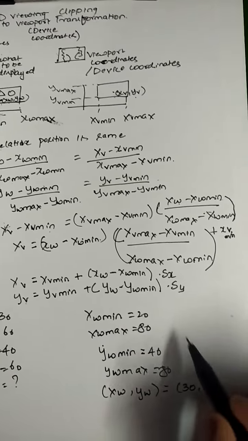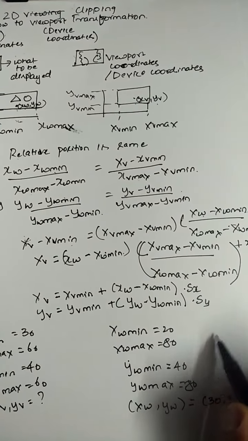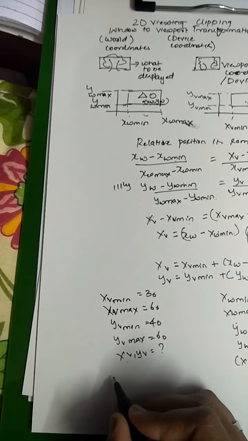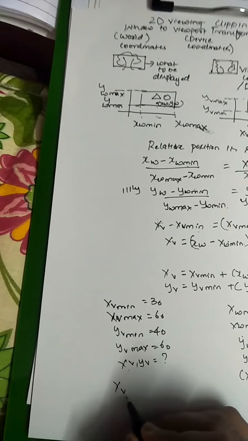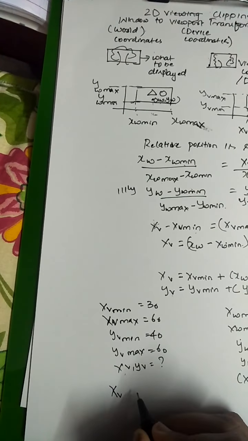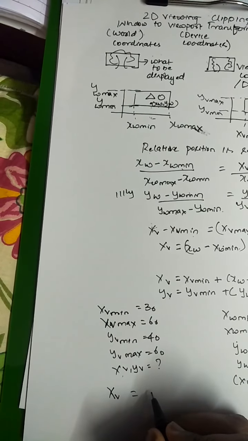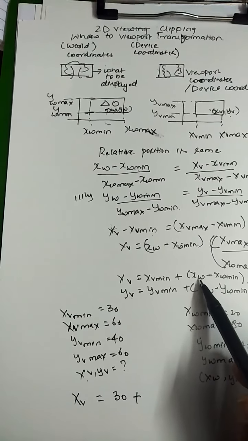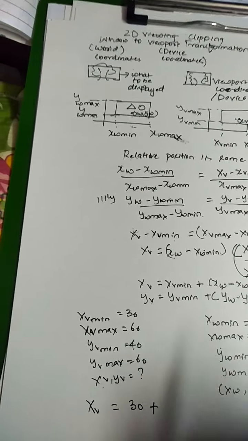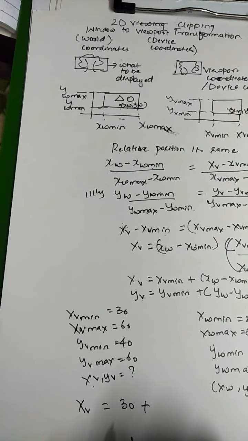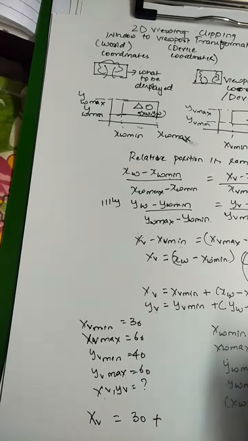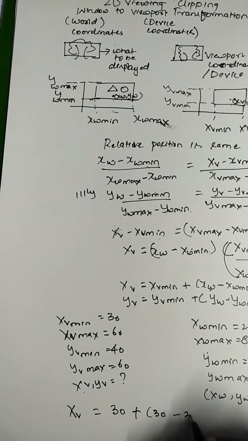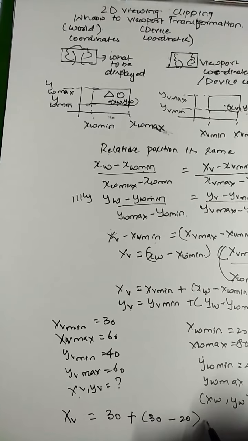Consider this equation now. XV is XV min, that is 30, plus XW, which is 30, minus XW min, which is 20, into Sx.